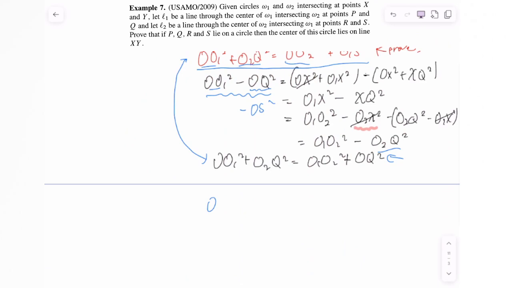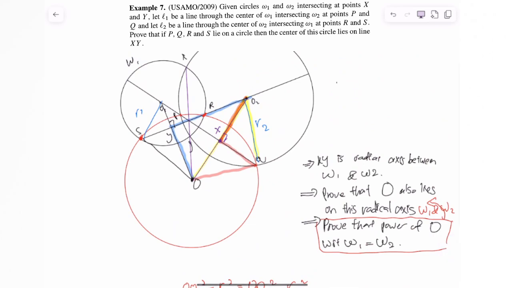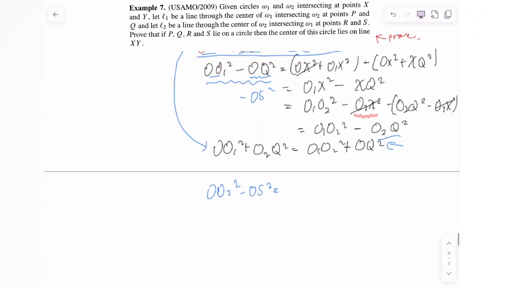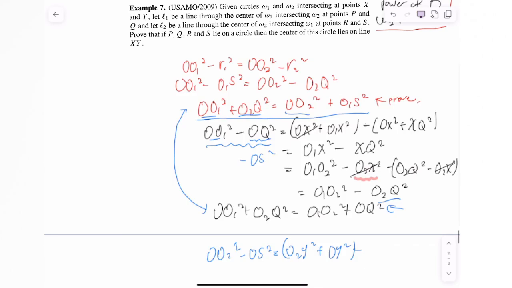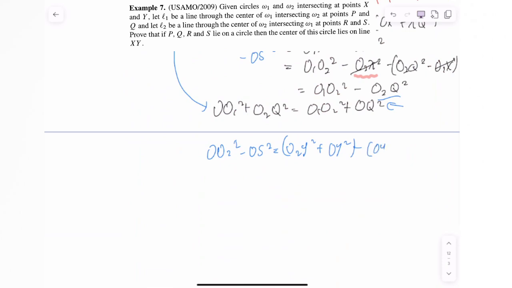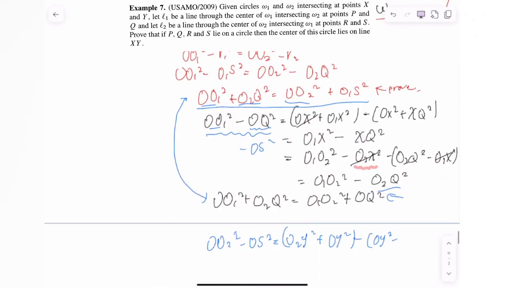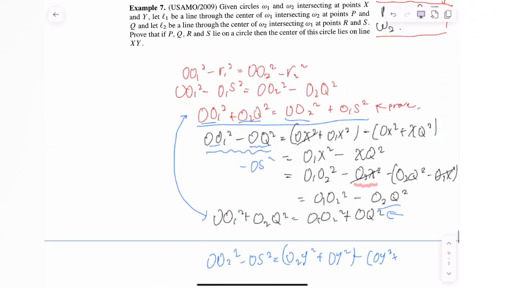So O2 squared minus OS squared, by Pythagoras, is O2Y squared plus OY squared, then you minus OS squared, which is OY squared plus SY squared.